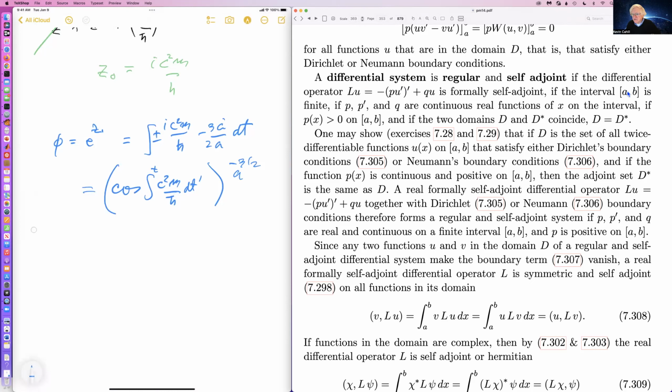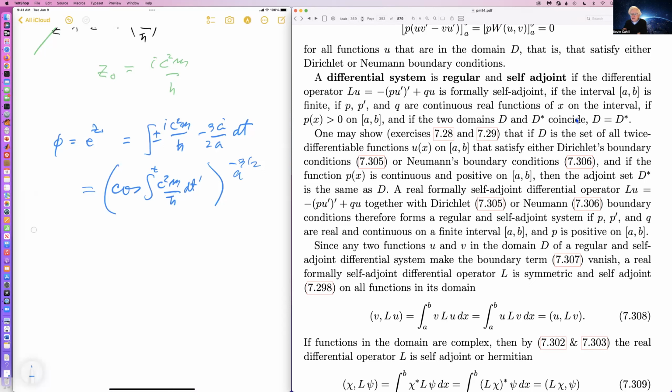If the interval is finite, if P prime and Q are continuous real functions of X on the interval. So we're going back to the real domain here. And if P is positive on the interval, and if the two domains can coincide, in other words, if the U's and V's are the same functions. So in other words, the set of functions that satisfy the boundary conditions also make the Wronskian term vanish.